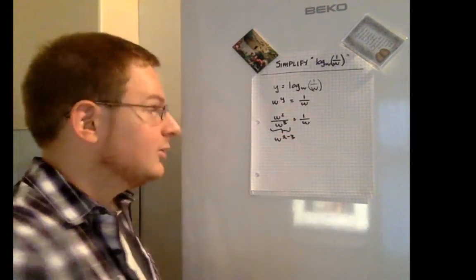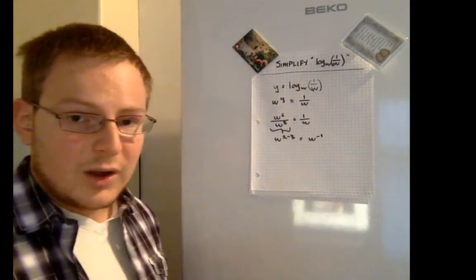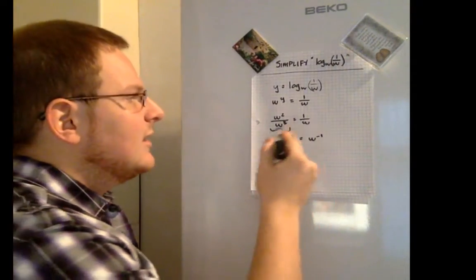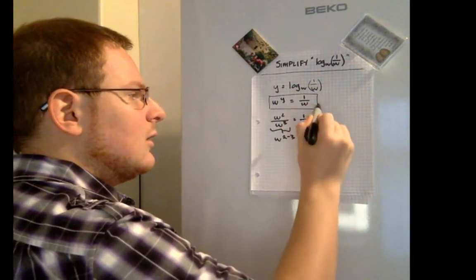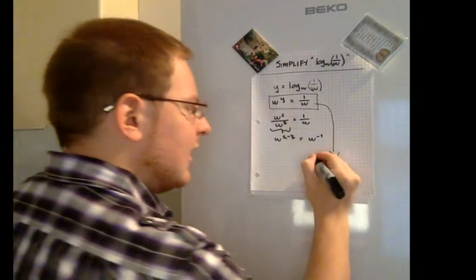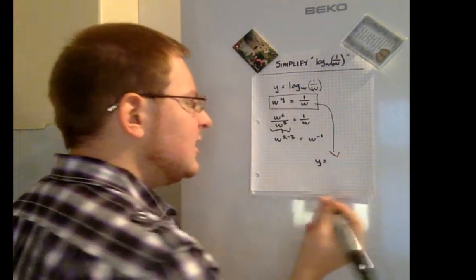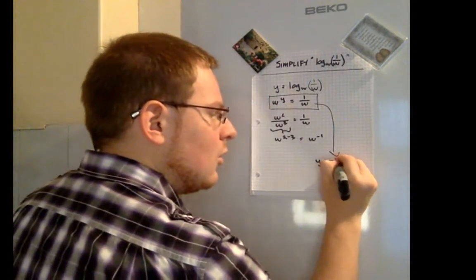Well, w to the 2 minus 3 is equal to w to the minus 1. So in that way, we know that y is equal then to -1.